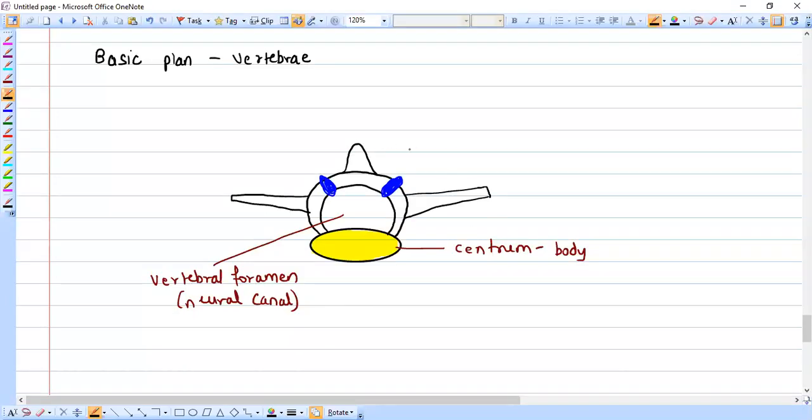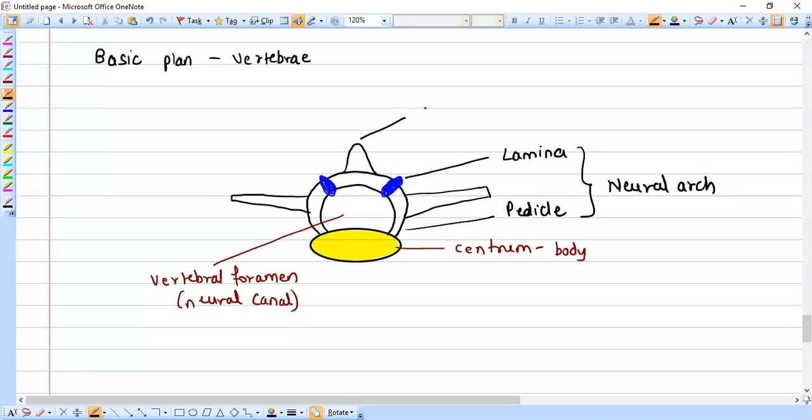This becomes the lamina. This is called lamina. The lower portion is called pedicel. The lamina and the pedicel together are called neural arch. We have this process. This process is called spinous process.